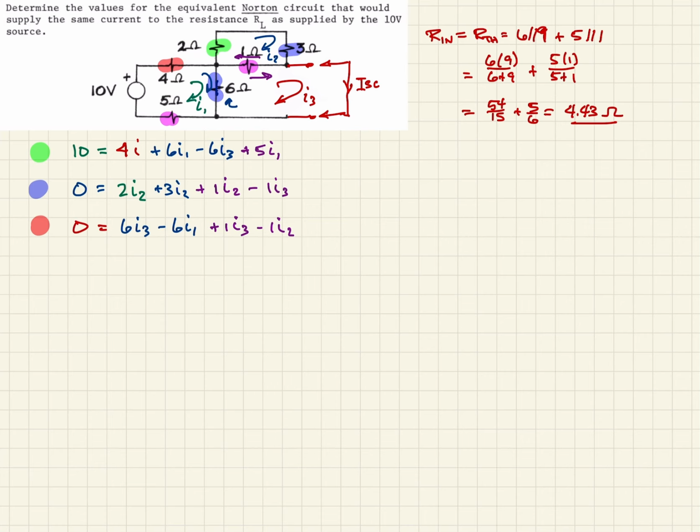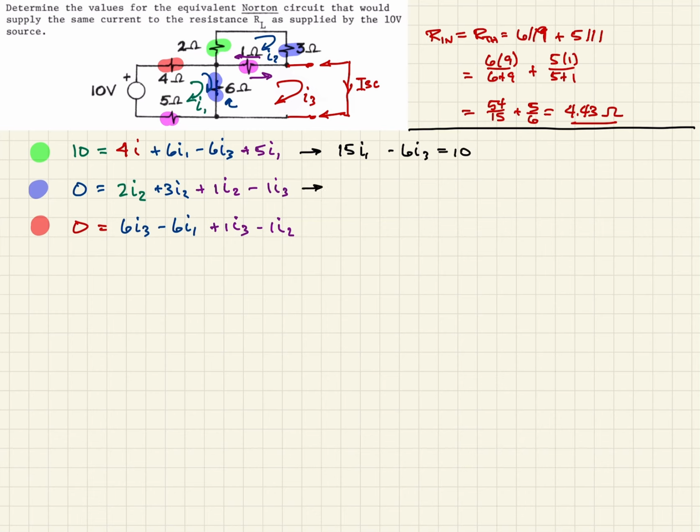So now we can rewrite these equations by combining like terms and simplifying this a little bit. So this first equation will end up being 15I1 minus 6I3, and that'll be equal to 10.